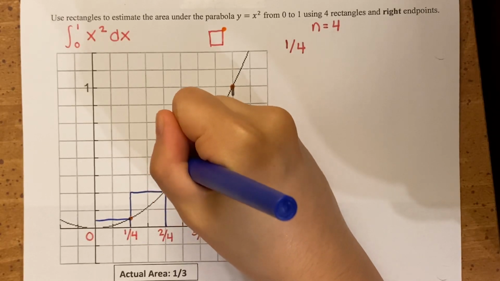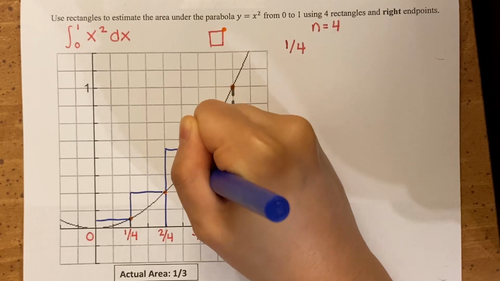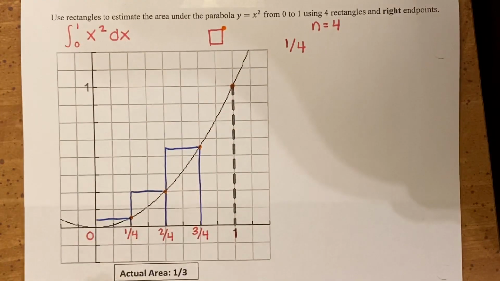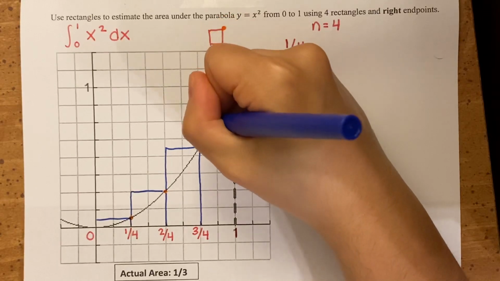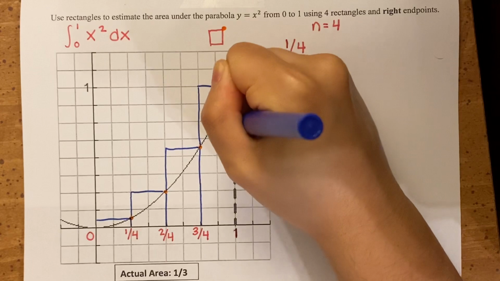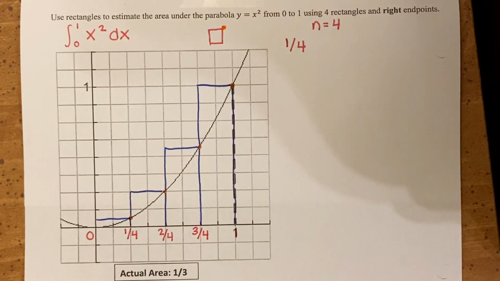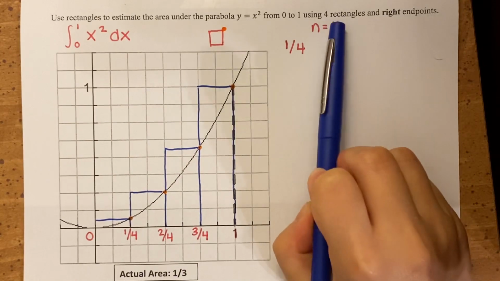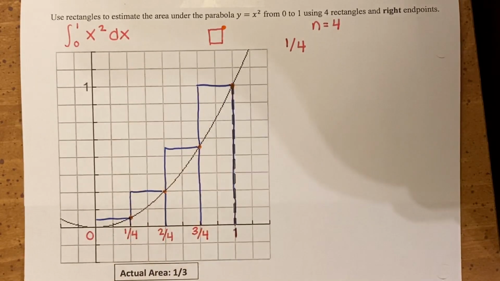Keep going. My third one right here at 3/4, and my last one at 1. Okay, so now I have my 4 rectangles that I wanted with right endpoints because my dots are at the right corner of each rectangle.